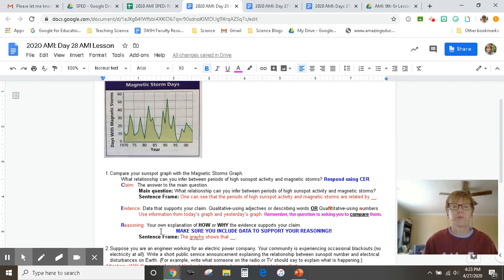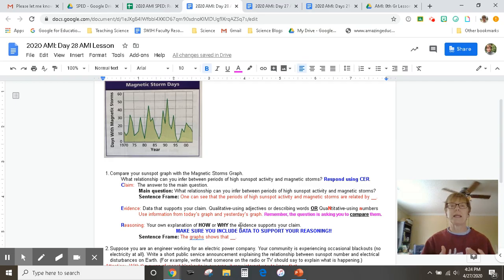And then R stands for reasoning. It's your own explanation as to the how or why the evidence supports your claim. So even though you've already talked about evidence under the E portion, it's still a good idea to mention it again in this portion.